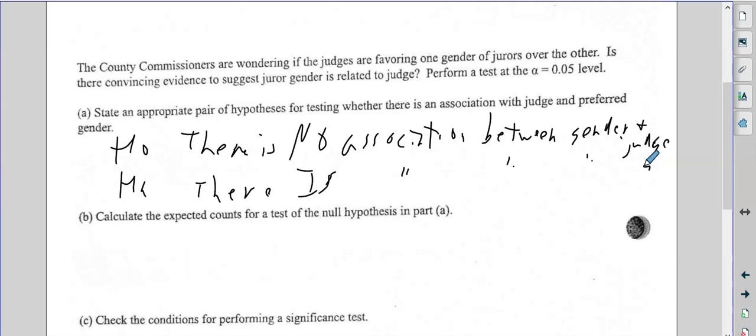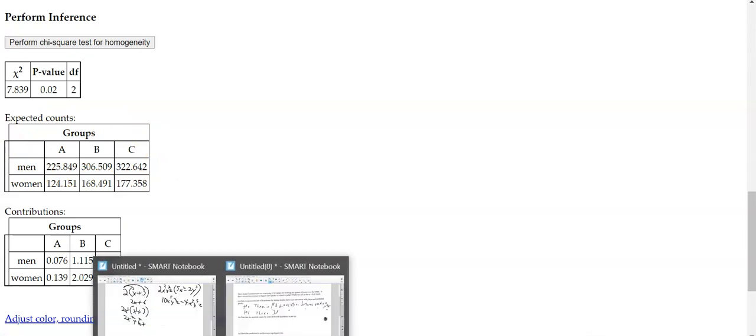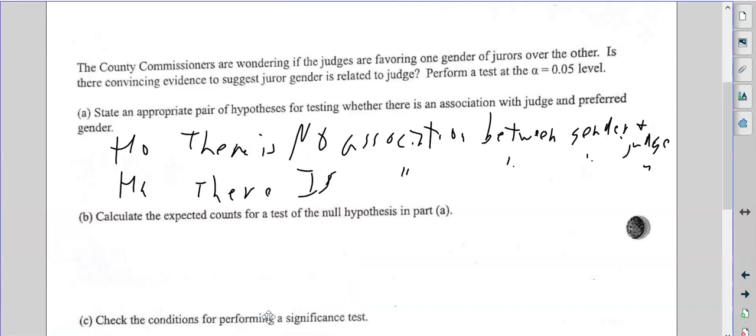All right. It says calculate the expected counts. Well, if we go to our handy dandy numbers here, expected counts is right here. It gives it to us right here. So all we have to do on our paper here is to copy it down. So I'm going to put a box like so.